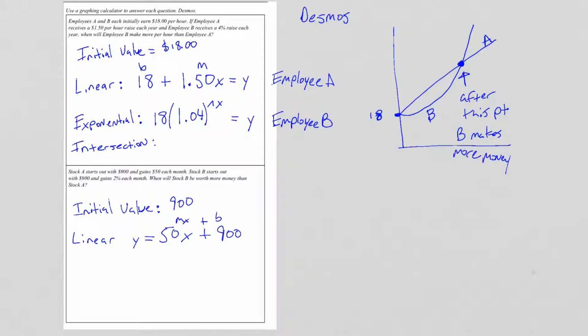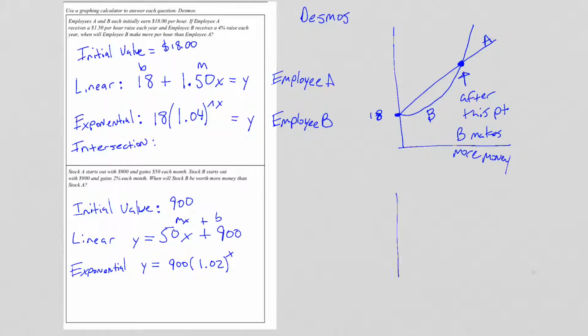Just like a line. y is equal to 50x plus 900. The exponential equation is going to also start off y equals, and its initial value is also 900. 900, and then it's growing by a rate of 2%. So 1 plus 2%, which is 0.02 as a decimal, raised to the x power.